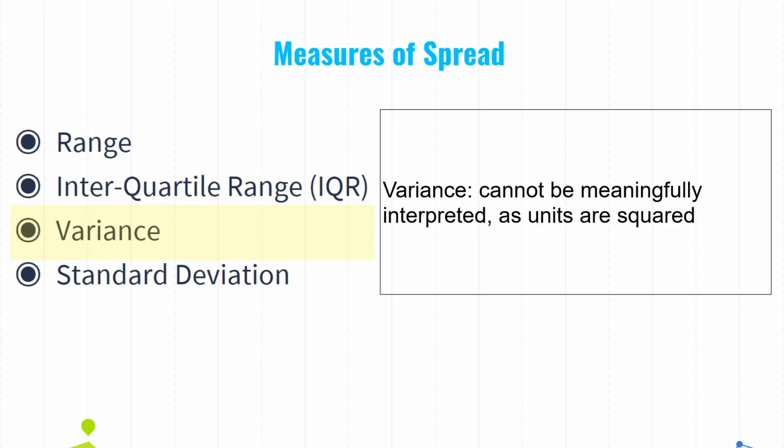So the variance is a little bit more sophisticated, like I said. The variance is actually not interpretable by itself. Because we've squared all of the values, the units have now been squared, and so the units are not meaningful anymore. If we're looking at the age of parakeets in a certain forest, that's our variable.